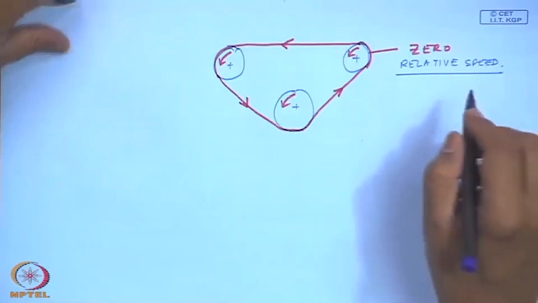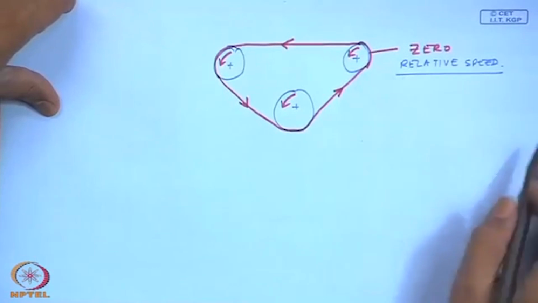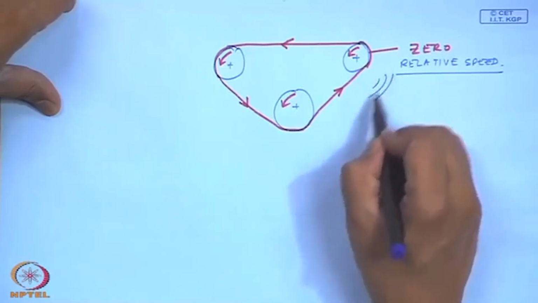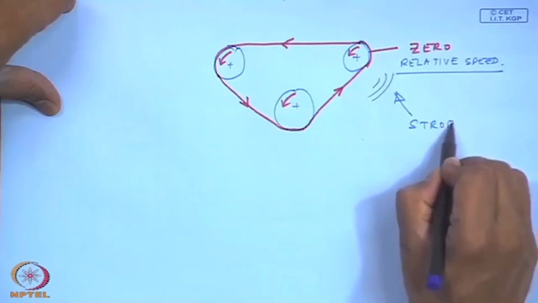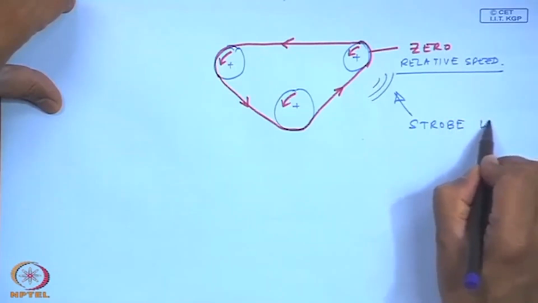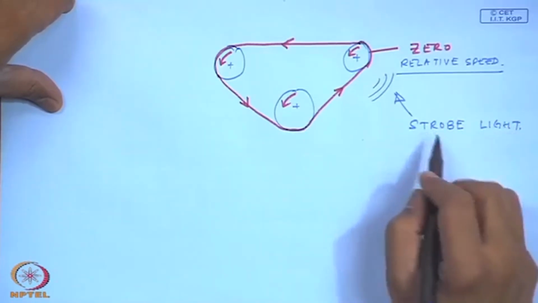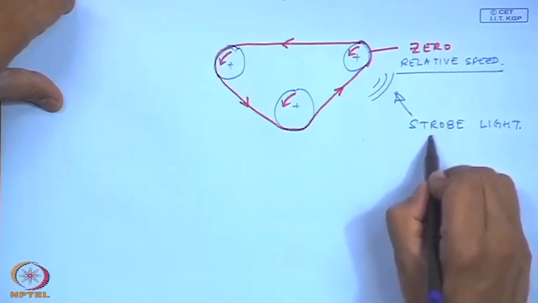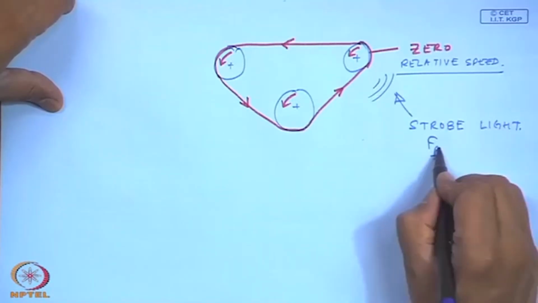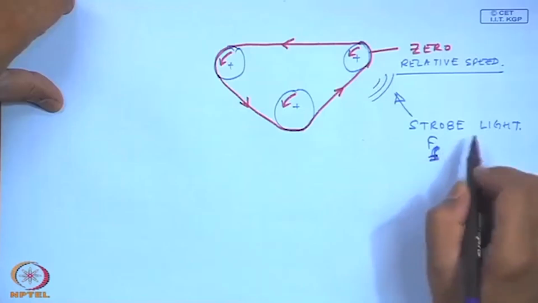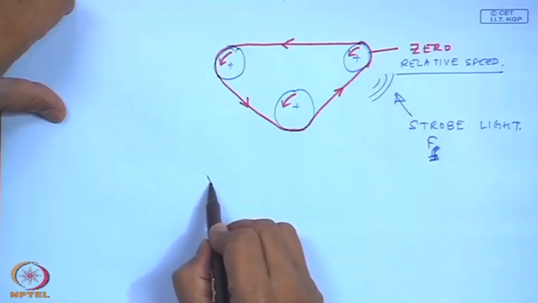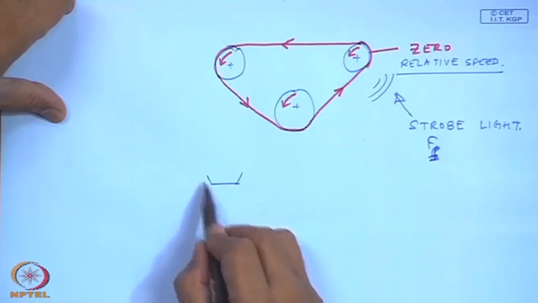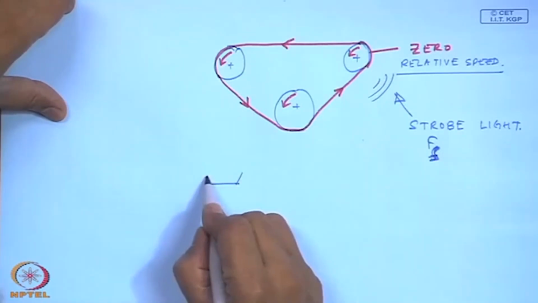Okay. And this can be very easily detected by what is known as a stroboscope, if you flash a strobe light. So, basically you flash at a frequency, okay, which is equal to the rotational speed. So, the belt would look to be stationary on the pulley.